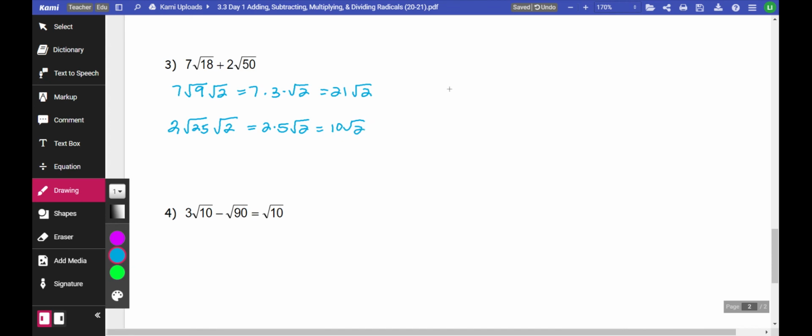Okay, so now my new problem becomes 21 square root of 2 plus 10 square root of 2, and I get 31 square root of 2. That is my fully simplified answer.